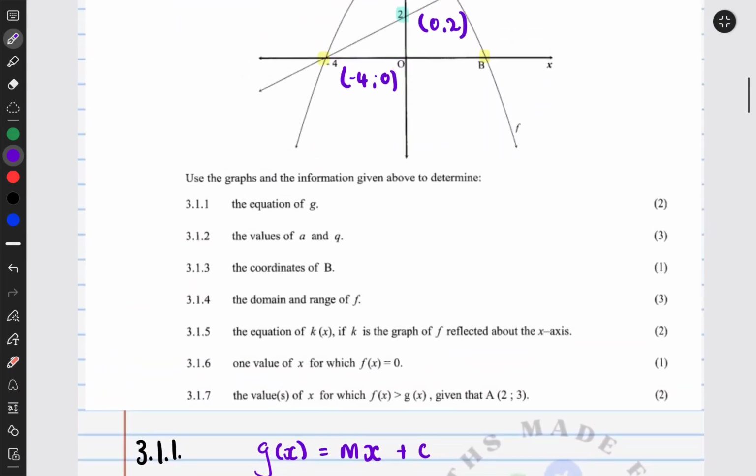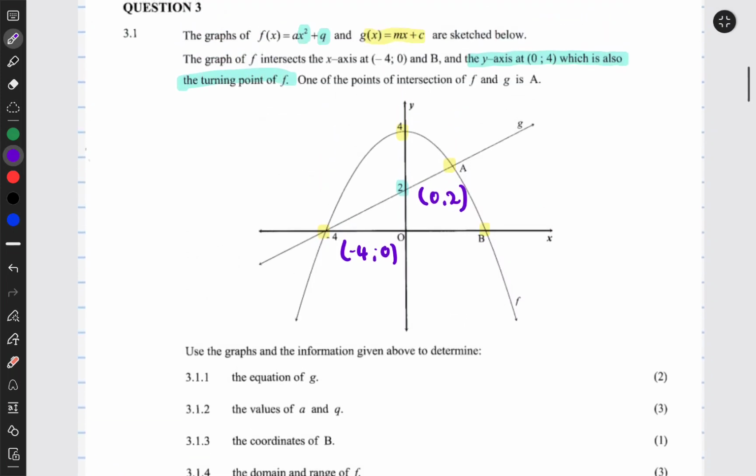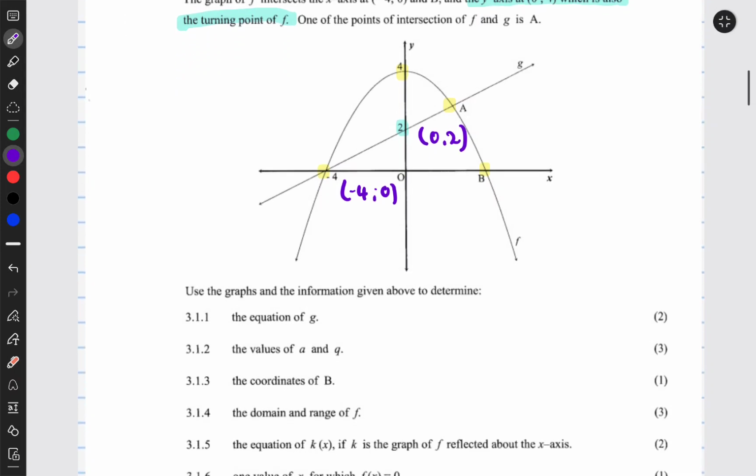And then next, we also find the coordinates of b. So for this function that we are dealing with, we know that it has the axis of symmetry at the y-axis, where x is equal to 0.